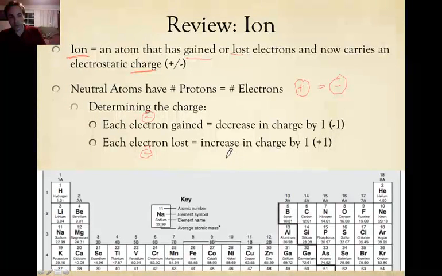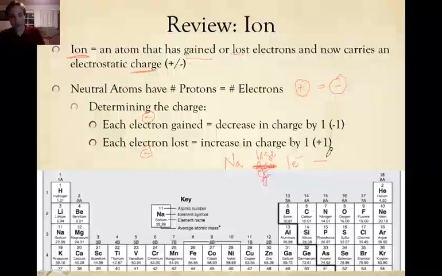So in the case of sodium, right, we said that the easiest thing for sodium to do would be to lose 1 electron. And if you lose 1 electron, that means that sodium becomes Na+1.